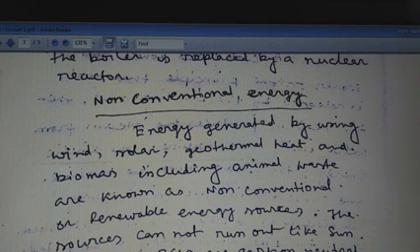Next point, these energy sources can help generate local employment. Next point, renewable energy plants are more site specific and are installed at a specific location where the power is directly required. Now the limitations of renewable energy sources.